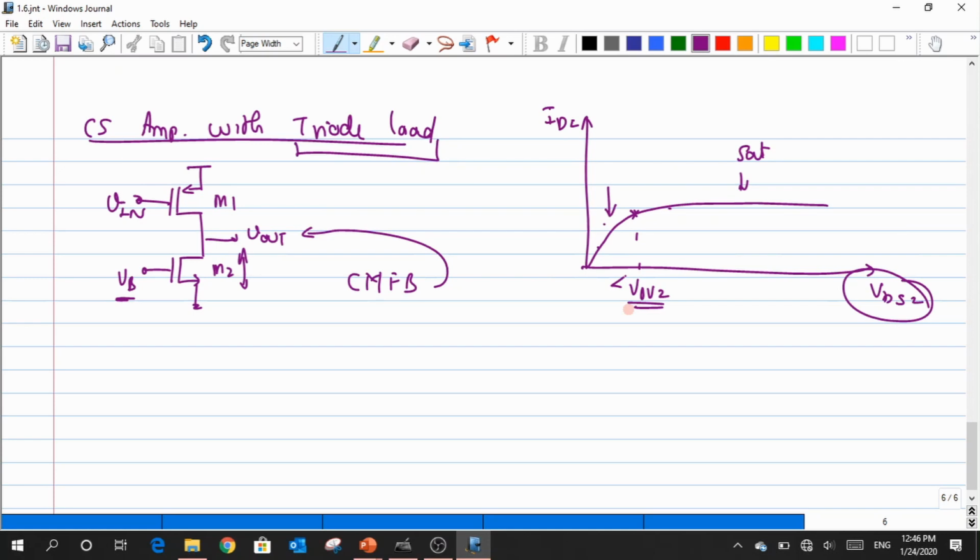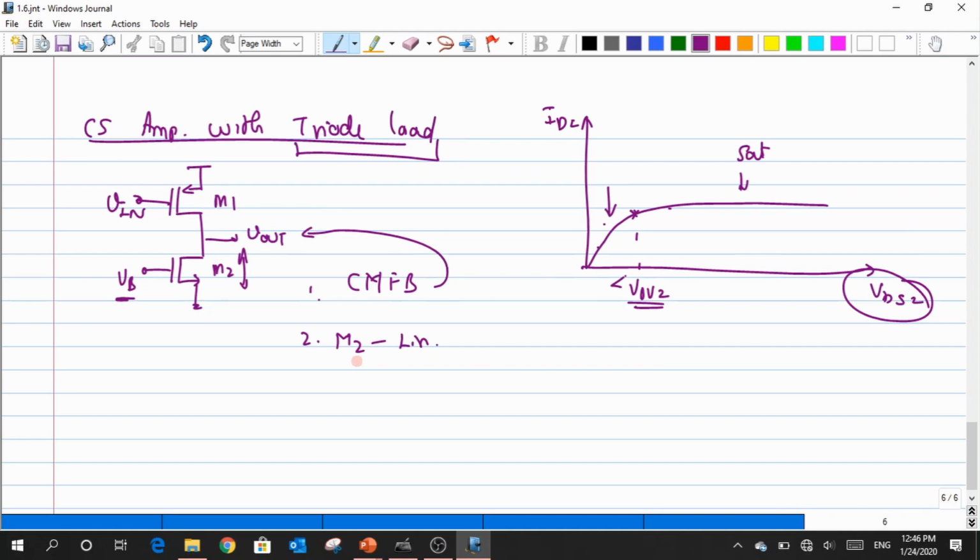So we need extra circuitry as we had before for a common source amplifier with a current source load. So there is one drawback. The second drawback is that, let us assume we have somehow achieved that my transistor M2 is operated in the linear regime. Now what is the small signal resistance that it imposes for us? Is it equal to r0? r0 is the kind of output impedance that I have when I look through the drain of a transistor when the transistor is operated in the saturation regime.